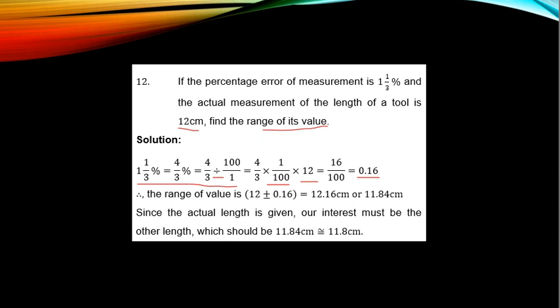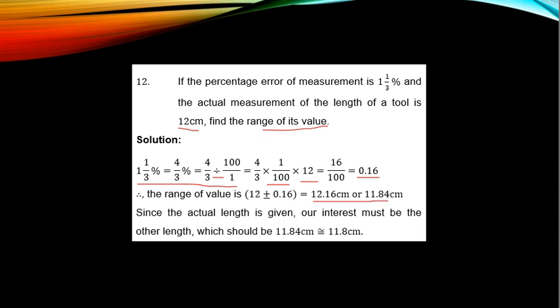So you convert the percentage error to ordinary fraction, then multiply by the actual measurement to get the value, because for you to have a range, you must add or subtract a value that is computed with that step. Then when you add and subtract, you have this range.